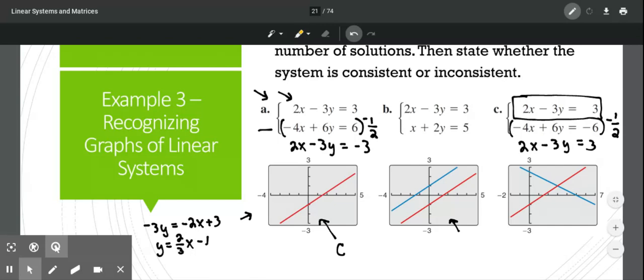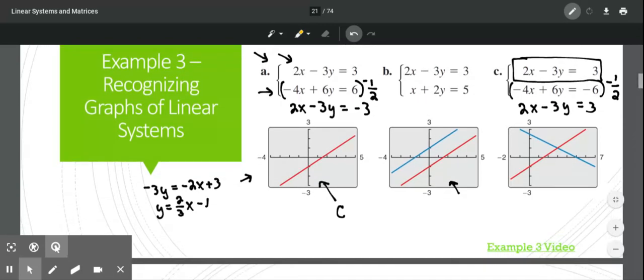If we take this bottom equation and do the same thing, 6y equals 4x plus 6, so y would equal 4/6 x plus 1, and 4/6 is the same thing as 2/3, but they have different y-intercepts, which means that you have parallel lines.